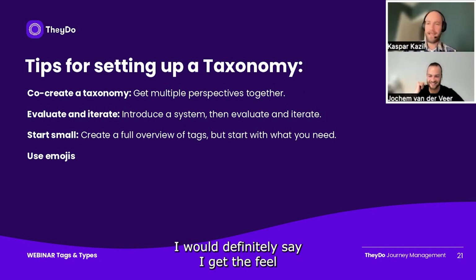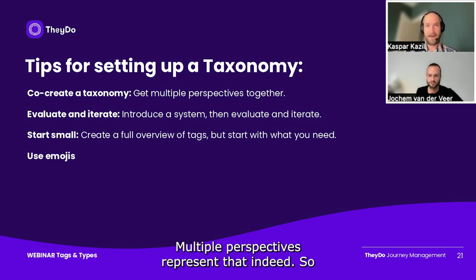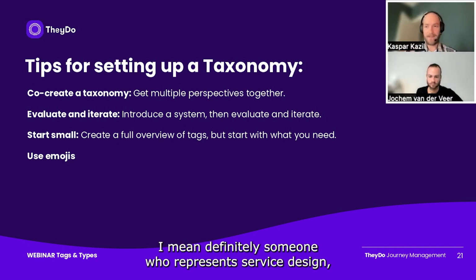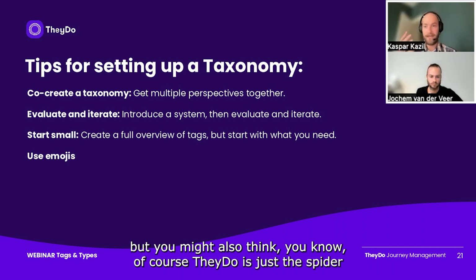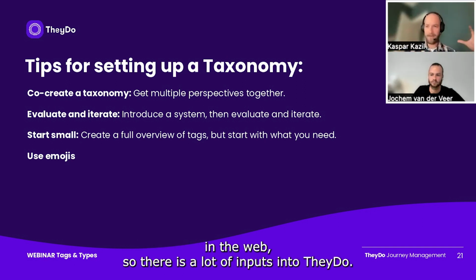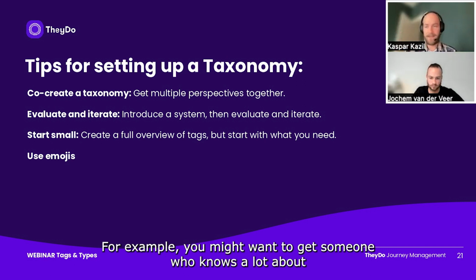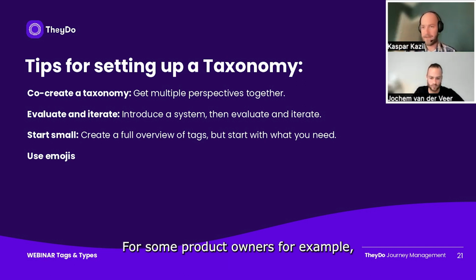I would definitely say, get multiple perspectives represented. Definitely someone who represents service design. But TheyDo is just the spider in the web. There's a lot of inputs into TheyDo and a lot of outputs out of TheyDo. For example, you might want to get someone who knows a lot about product owners. What types of tags would be useful for them?